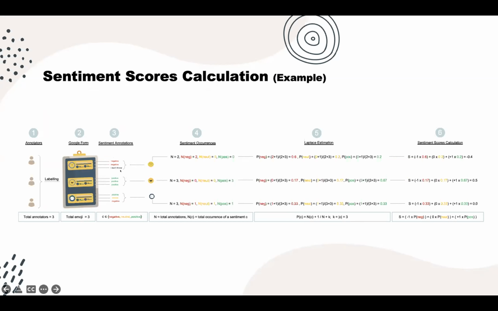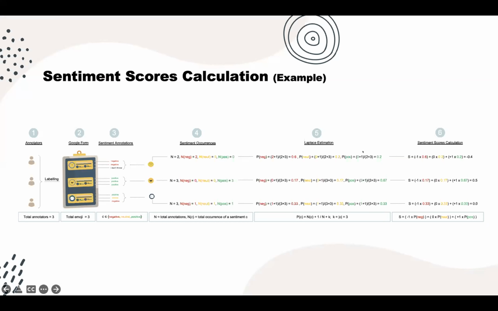For the second emoji, for example, we have 3 sentiment annotations that are considered. So we calculated as the following. Then we use the Laplace estimation based on this formula to calculate the probability distribution. And we end up with these, for example, these scores.